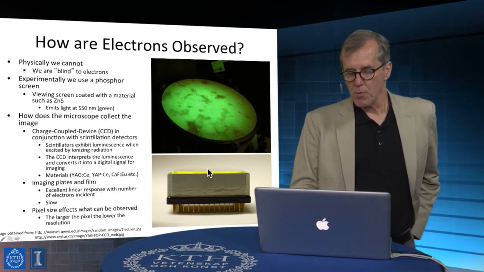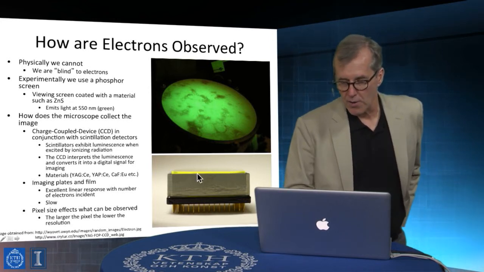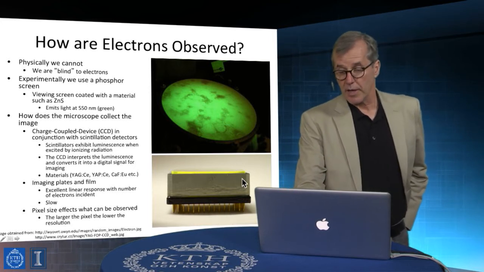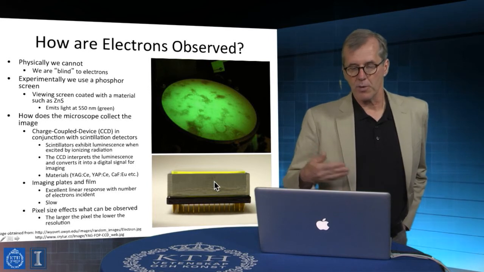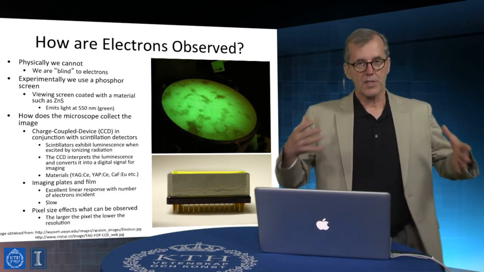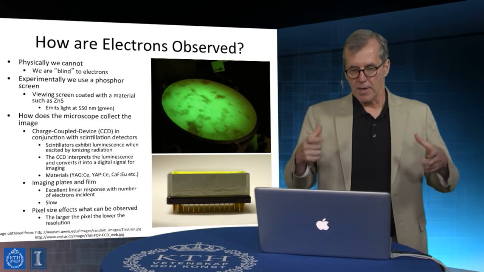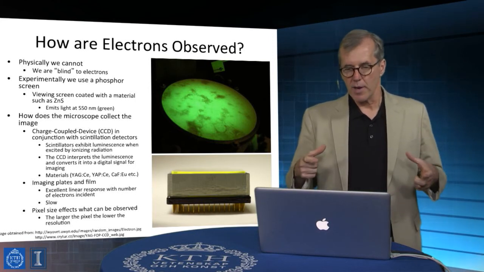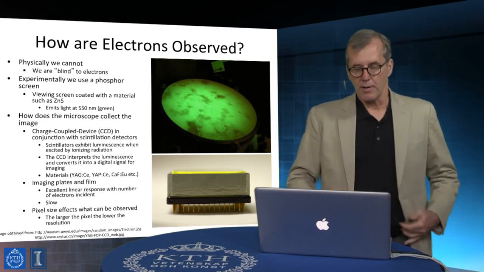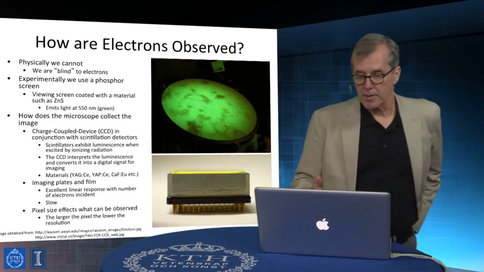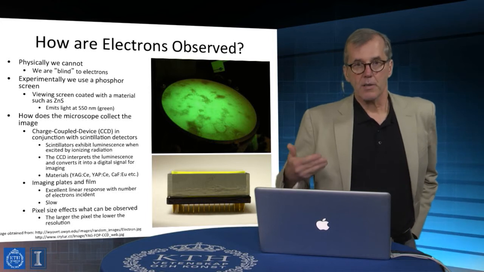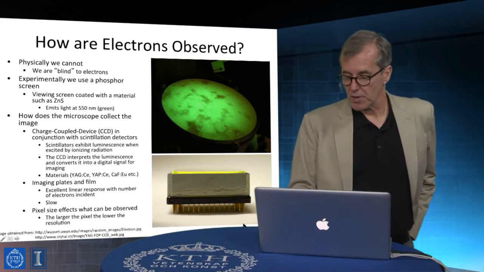But more modern approaches are actually to use an electronic detector, a charge coupled device, where the electrons impacting generate a recordable signal in a pixel array, and that data can be read out of the array in the form of information that a grayscale contrast image can be constructed from.